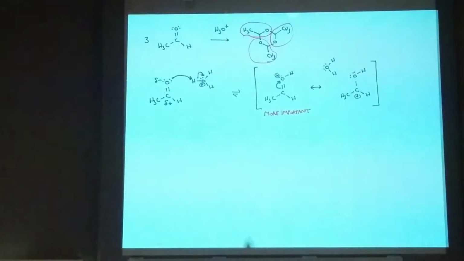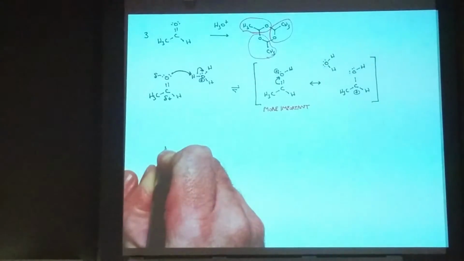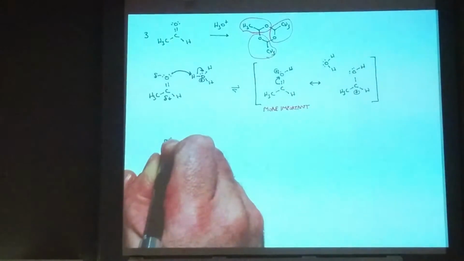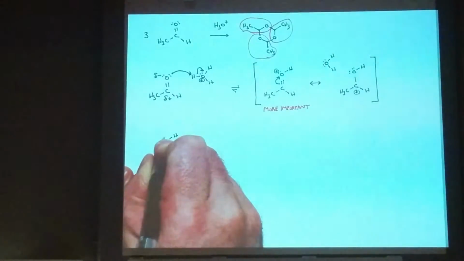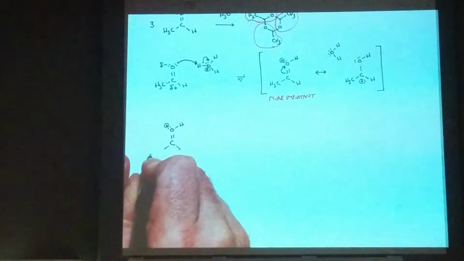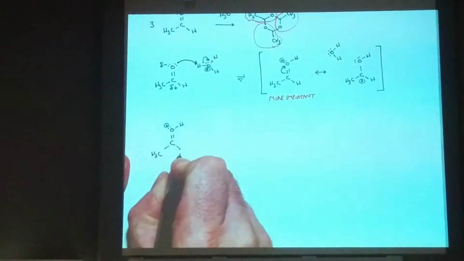If we're going to end up having another oxygen come in, let me draw this like this. Let me draw just the more important resonance structure. I just wanted to again make the point about the resonance. Well, protonating the oxygen made that carbon more reactive towards nucleophiles.